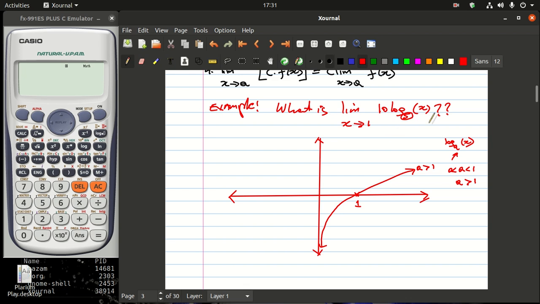Now if I were to look into this function here, let me multiply it by 10. If I'm multiplying this function by 10, I am stretching this function by a couple of units, and then this one is going to go down like that.